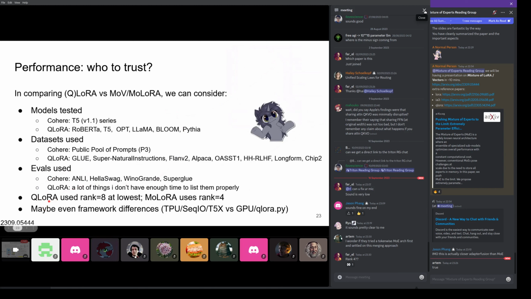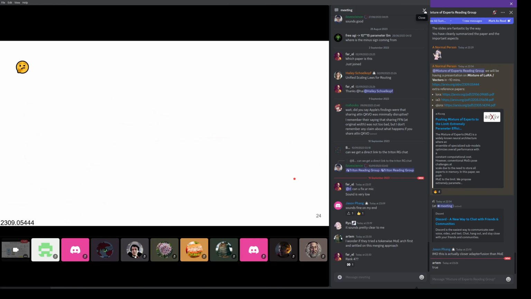So somewhere between all of these differences in all of the models and datasets and evals and ranks and hyperparameters and everything is the answer to why this difference in results exists. But I have no idea which one of these is the problem.